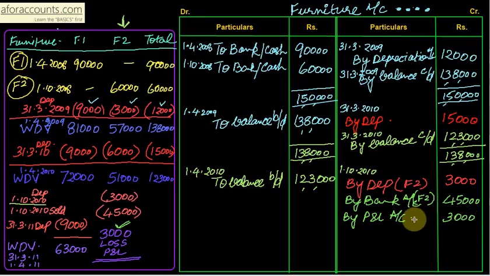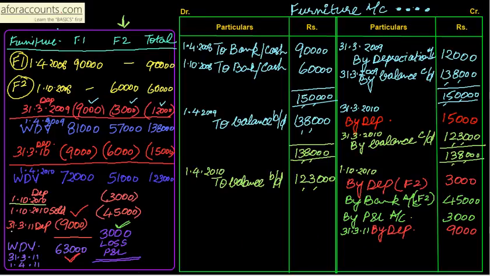Now remaining furniture's depreciation entry will be passed on 31/3/2011. So 31/3/2011. Again fresh, on the first furniture, the entry is by depreciation. See, depreciation on the first furniture is again 9,000, still with us straight line. So 9,000 from your working, and at the end we have balance 63,000 of that furniture.